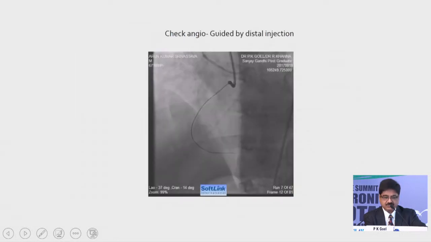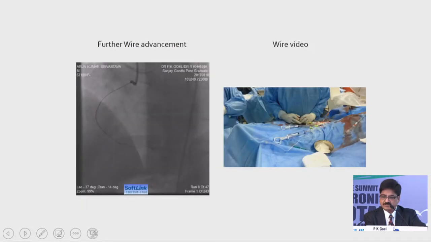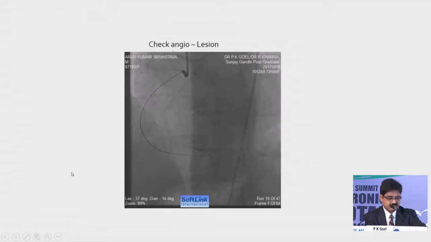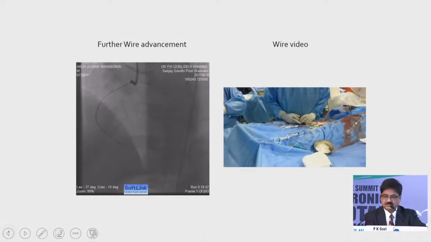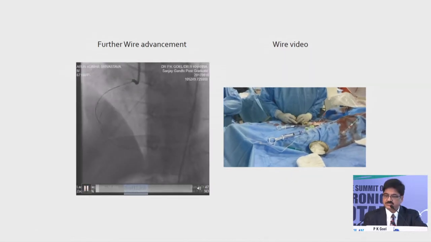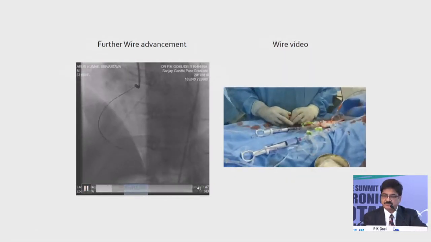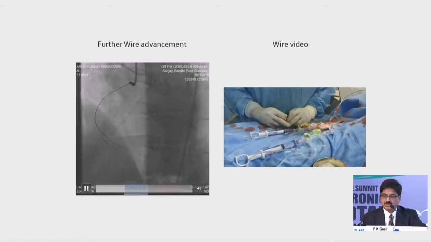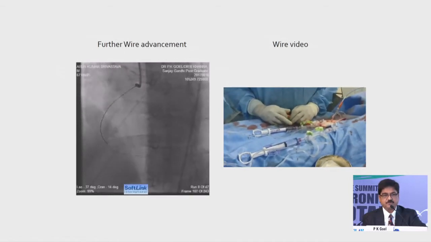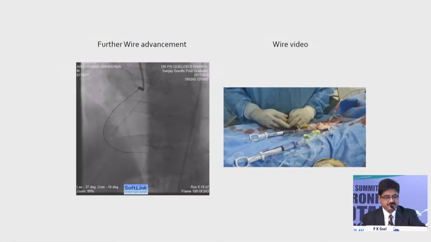And you see how the gap between my two fingers is so small that I am not trying to push it. I am only rotating, and it will go through.